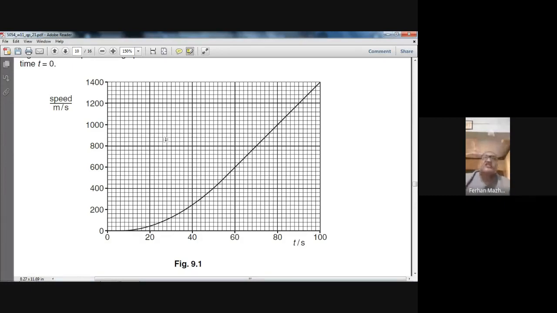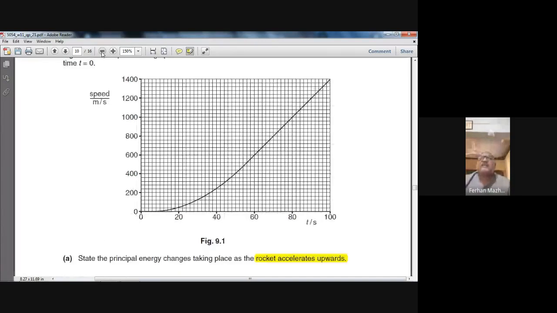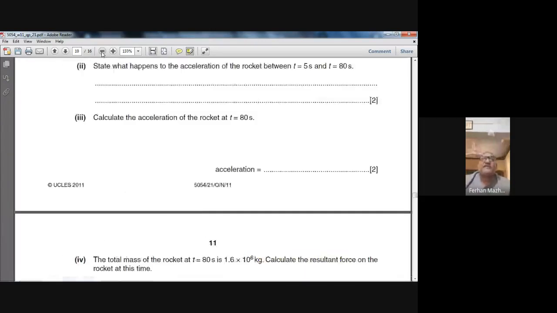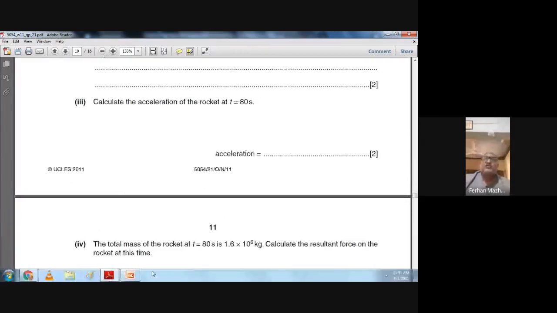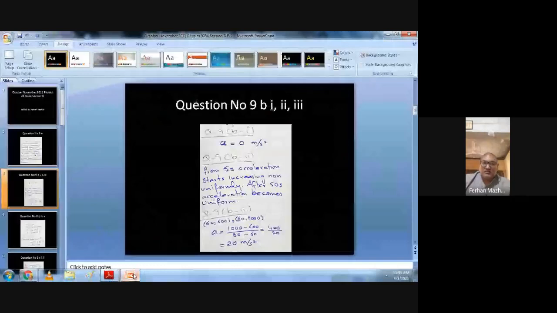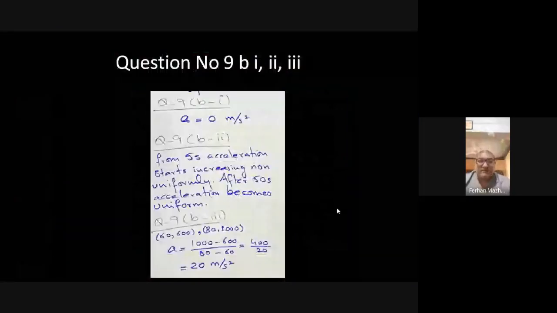I have done this on a paper. Let me show you my work. The question is, what is the acceleration of the rocket at 80 seconds? Okay, so you can see I have taken 2 points, 60, 600 and 80, 1000.